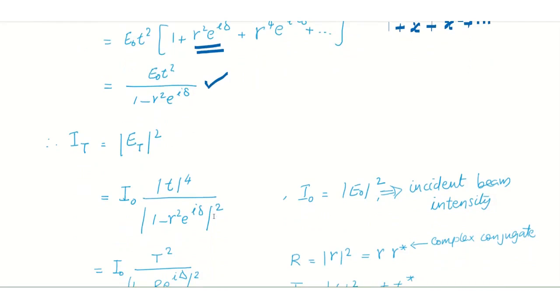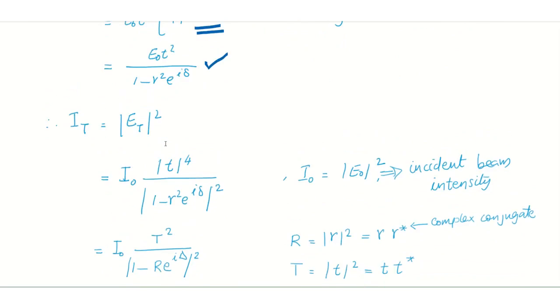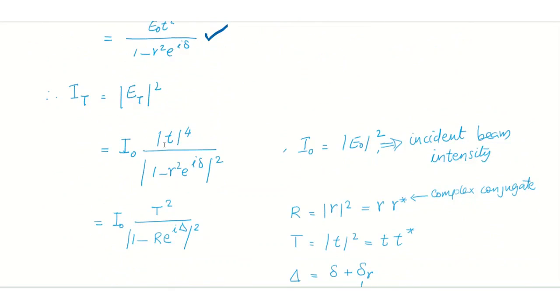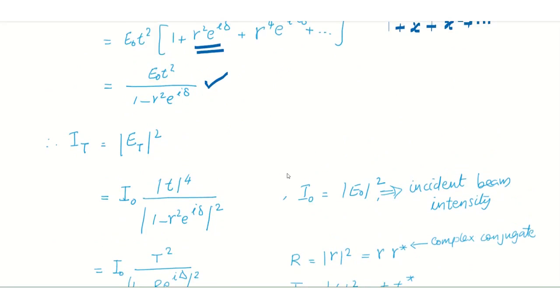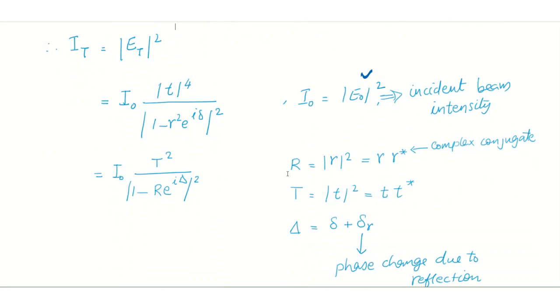Now you know the intensity. Intensity is the square of the amplitude, and therefore this will be I0 times, where I0 is E0 square. We have to square this one, and we get something like this.